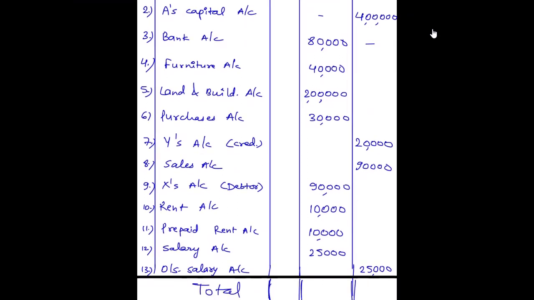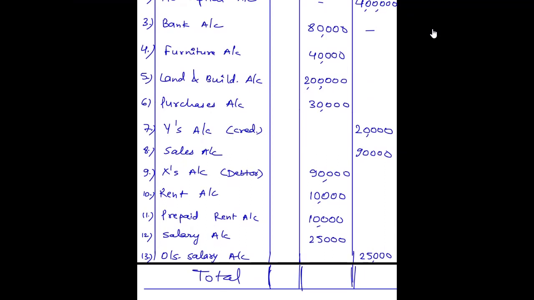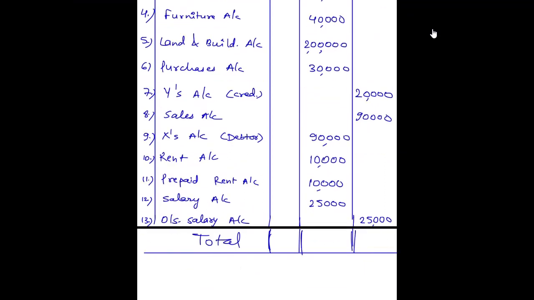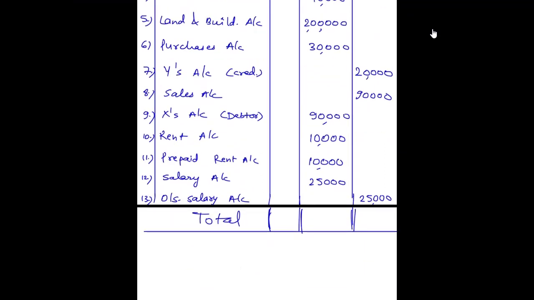So what is the total on the debit side? 530,000. And what is the total on the credit side, everyone? Is it the same?